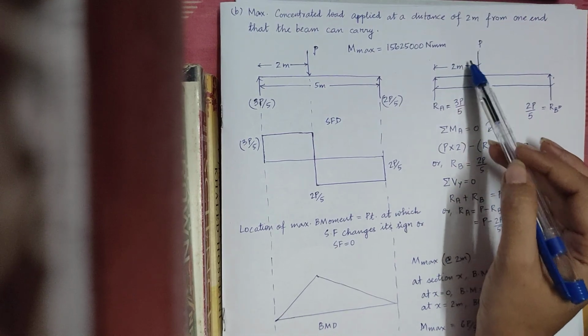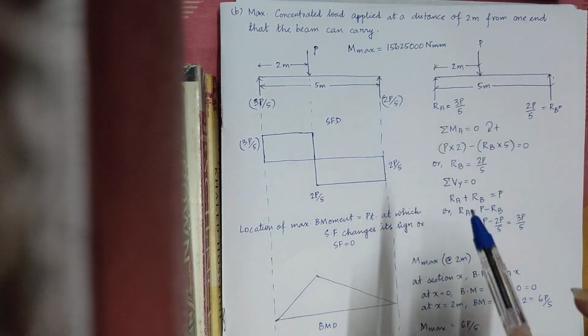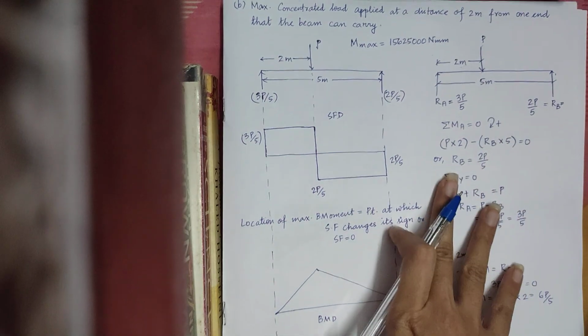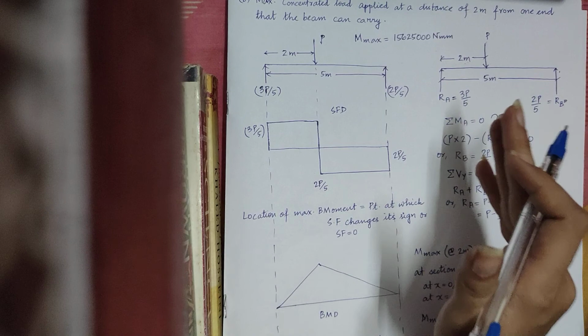Okay, so what we have to do is find out the maximum load P that is acting at a distance 2 meter with respect to this maximum bending moment. In order to do that, we have to find the location at which the maximum bending moment will occur.